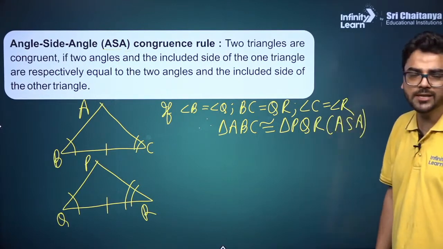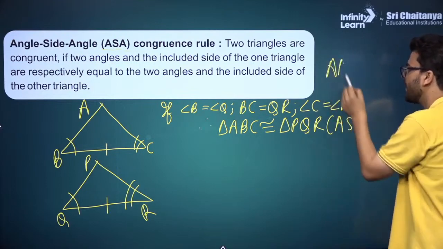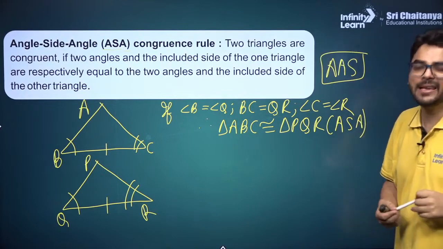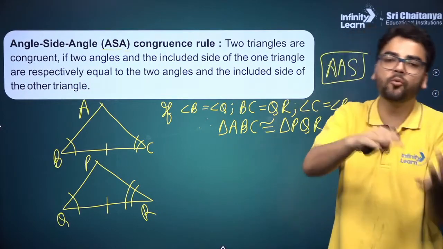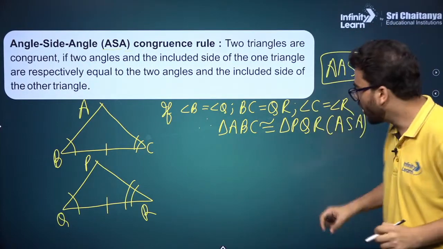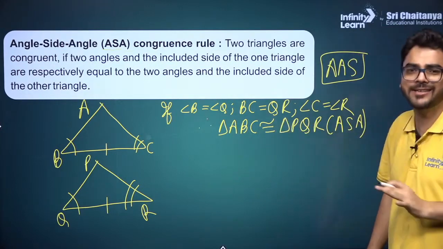Now many students will say that, sir, we can also write AAS. See, basically ASA and AAS, they can be proved interchangeably. That is correct. But what you are using in the question, you have to write that congruency criterion only.